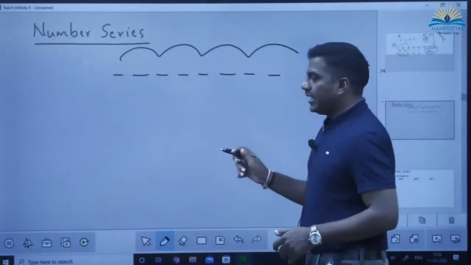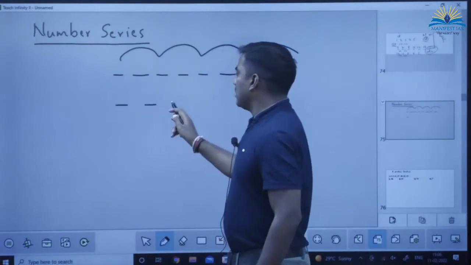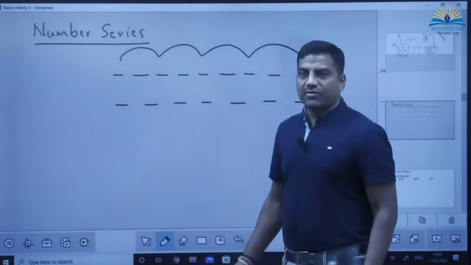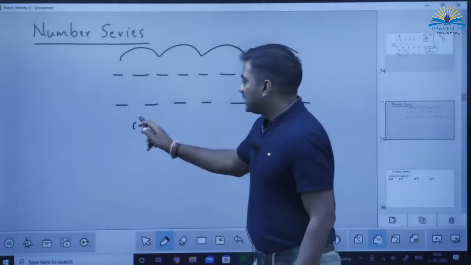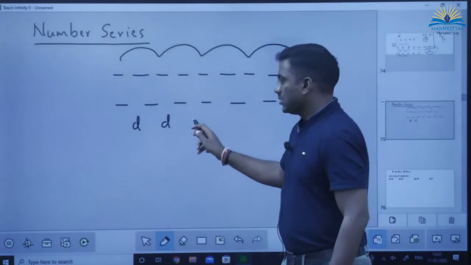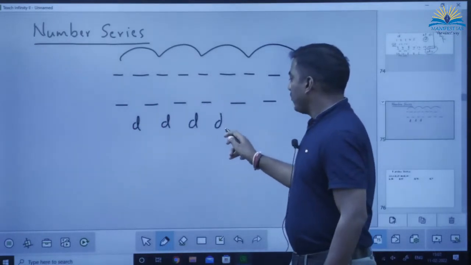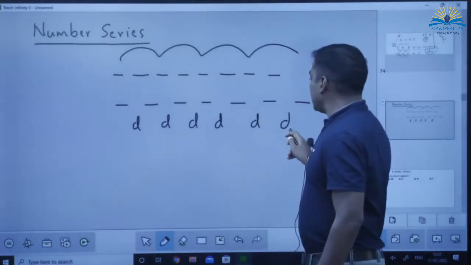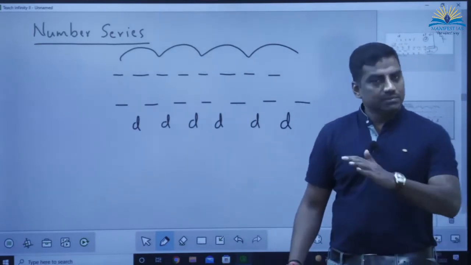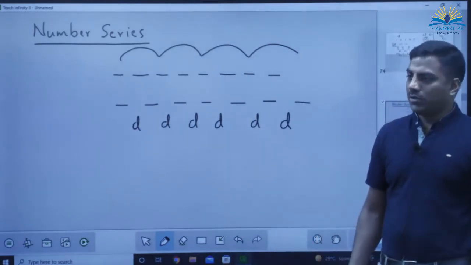Usually, when we take the numbers, the first and foremost thing to do is find the difference of every two consecutive numbers. Again, find the difference. If they have a common difference, yes, they are in AP, fine, no problem at all.